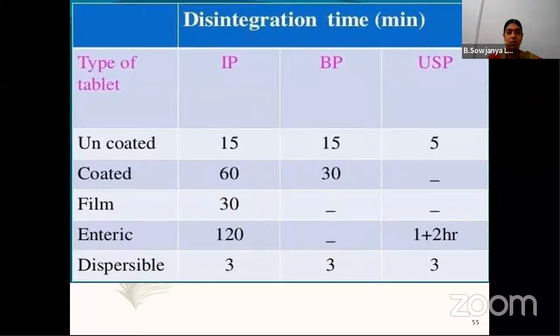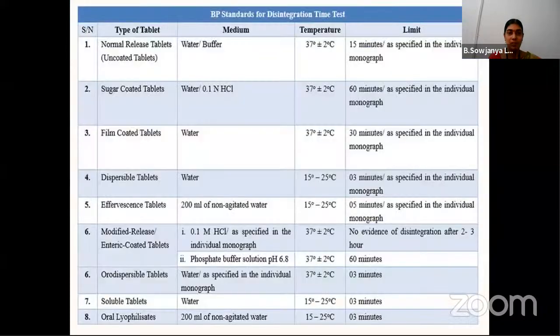If the tablet is coated, in IP it takes 16 minutes, and in BP it takes 30 minutes. So the Indian Pharmacopoeia, British Pharmacopoeia, and United States Pharmacopoeia have different time intervals to disintegrate different types of tablet formulations, either enteric coated, dispersible, film coated, or uncoated tablets.